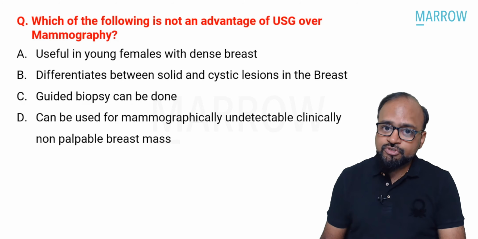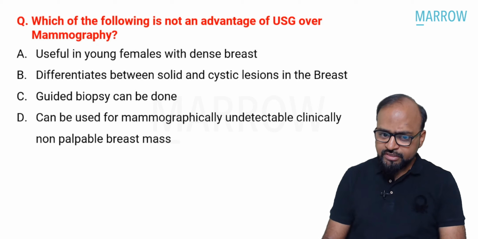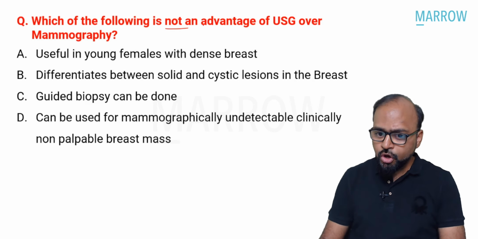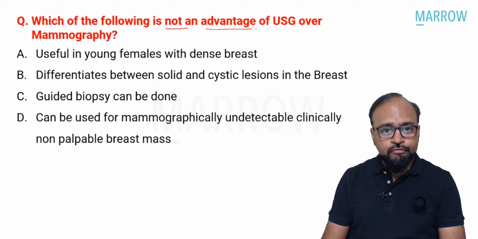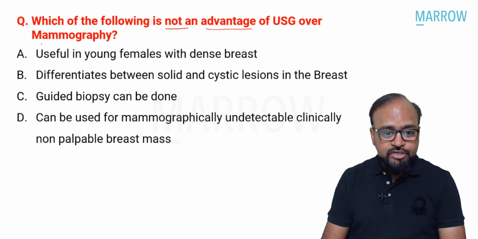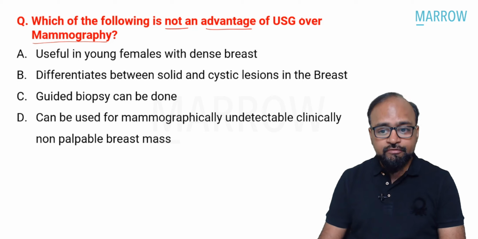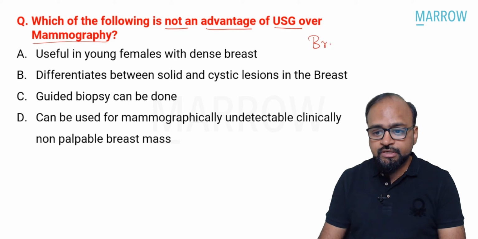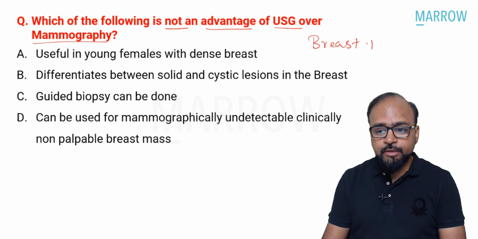Let us start with the first question here. The question is, which of the following is not an advantage of USG over mammography? Because they are asking you a comparison of mammography and USG, this is a question pertaining to breast imaging.